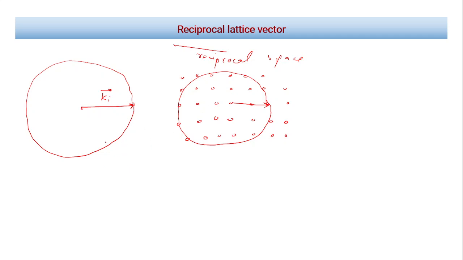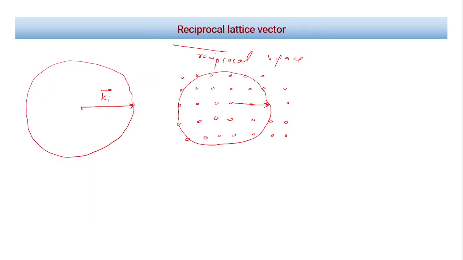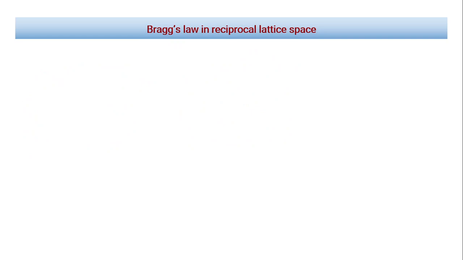Like I told, we have Bragg's condition in real space, which we saw how to derive, and we get the expression 2d sin theta equals n lambda. The same way we have this in reciprocal space.